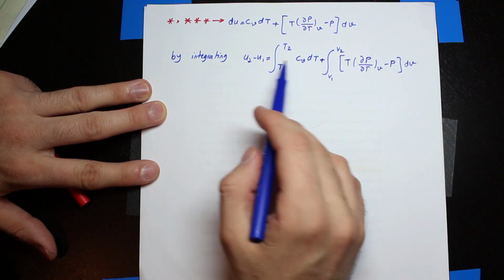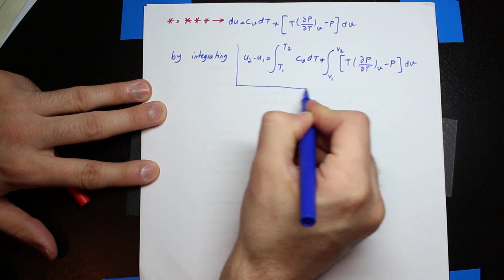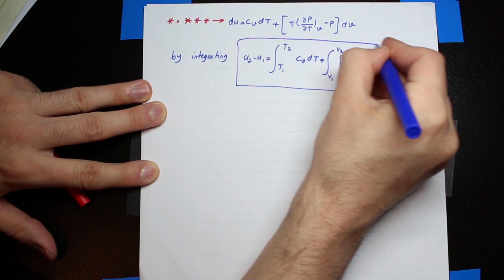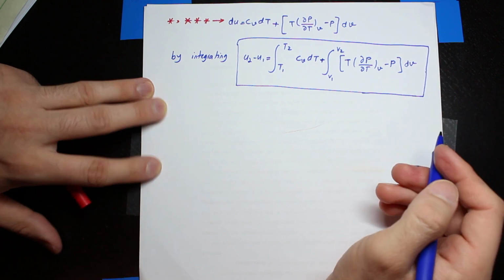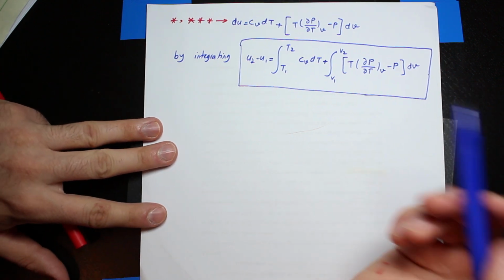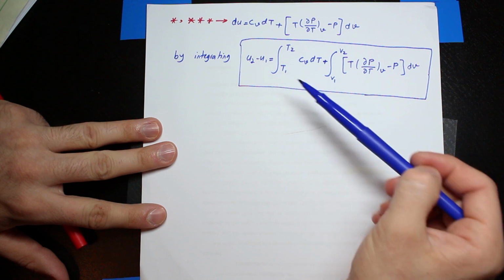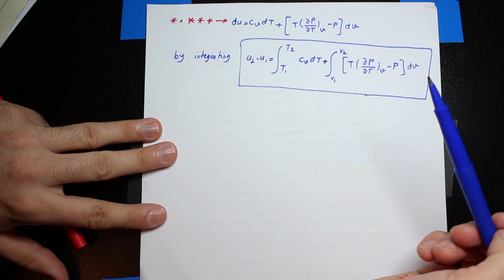So this is the general equation we were looking for. It gives us the change in internal energy when the temperature and the specific volume are changing.